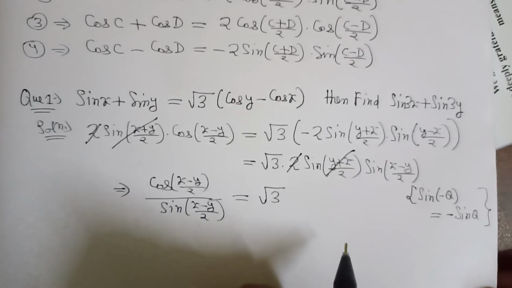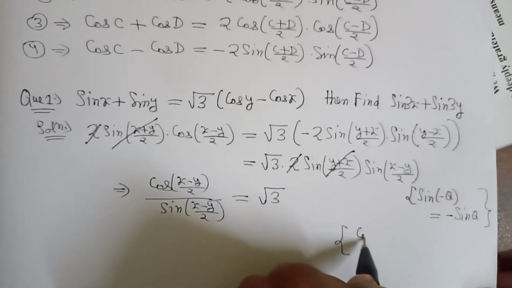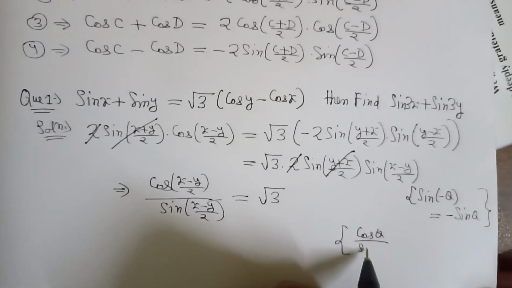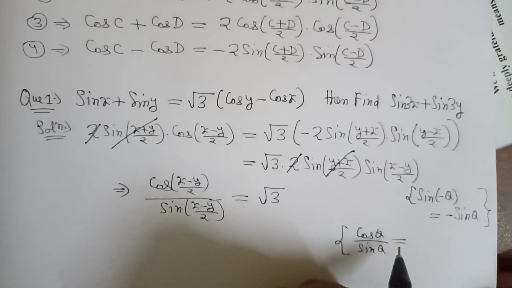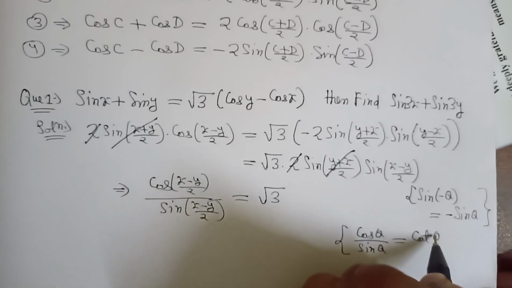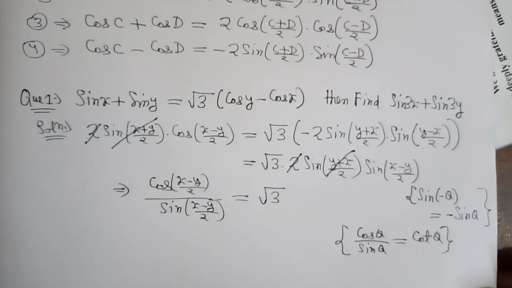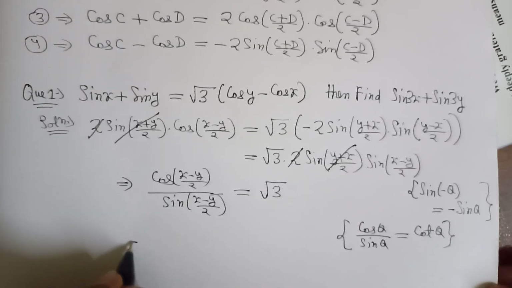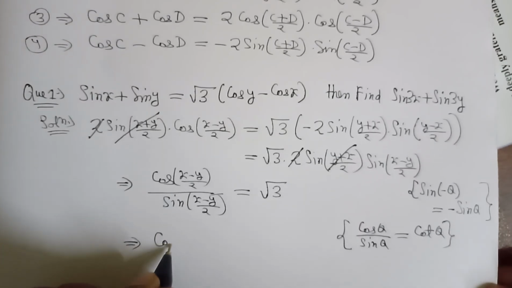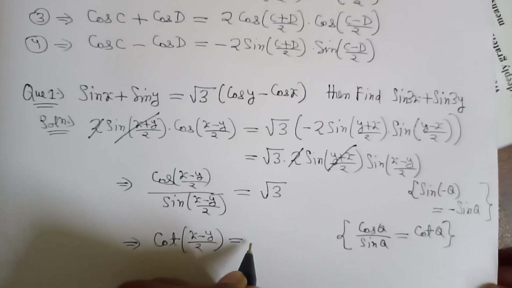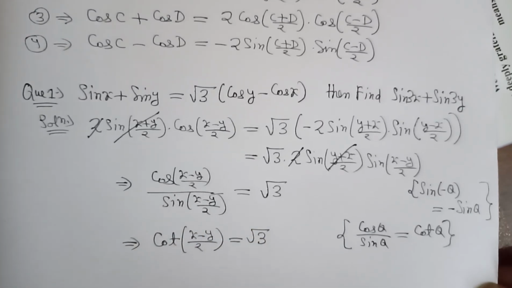Okay, and cos theta by sin theta is actually equal to cot theta. So I can convert this whole portion into cot (x minus y) divided by 2, which is equals to square root 3.